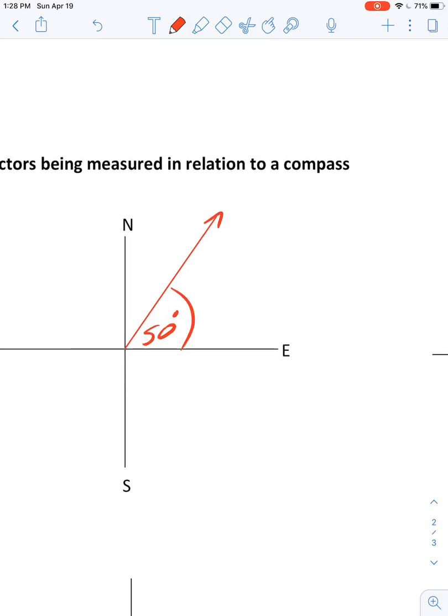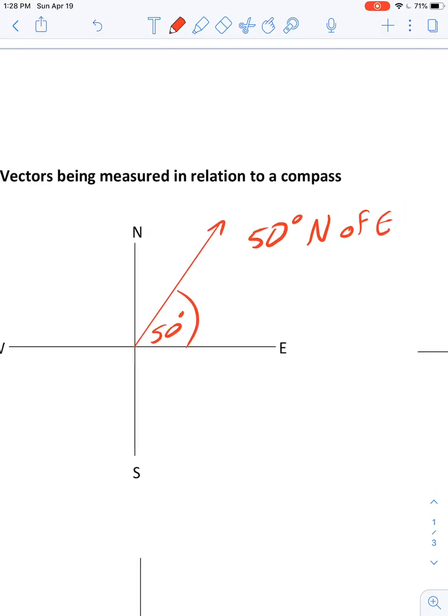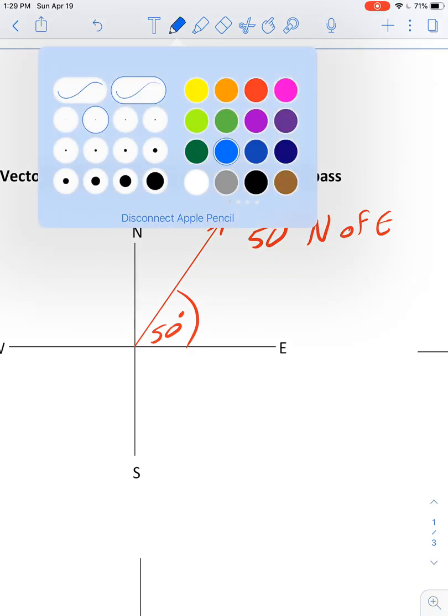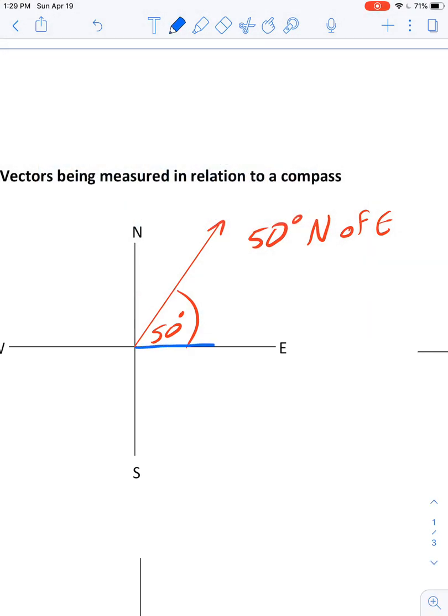So what we're going to call this one is 50 degrees north of east. And what that means is just go to east and then go 50 degrees north of it. So if I use that in blue and I kind of describe that, from east you go 50 degrees north of it. That's what this means.